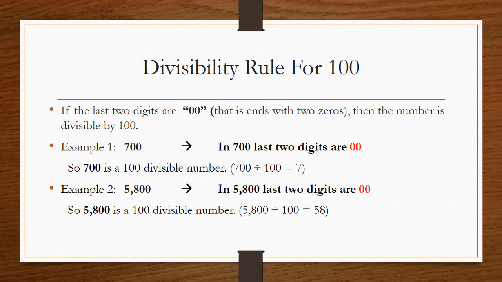Example, 700. In 700, the last two digits are 00. So 700 is a 100 divisible number. 5800. In 5800, the last two digits are 00. So 5800 is a 100 divisible number.